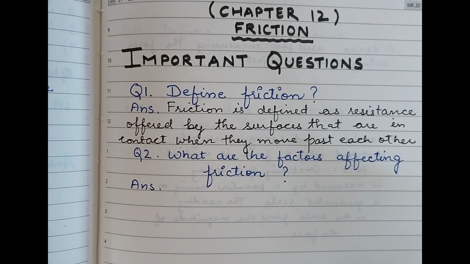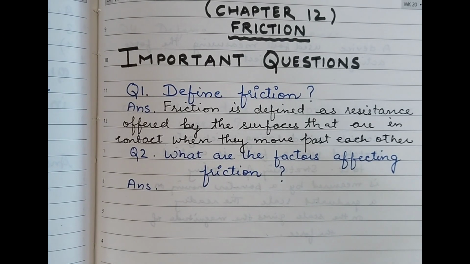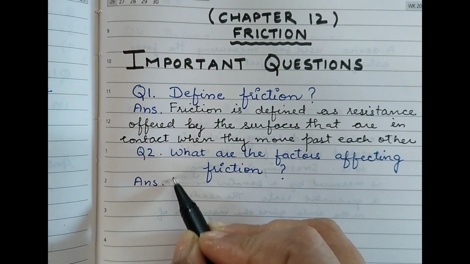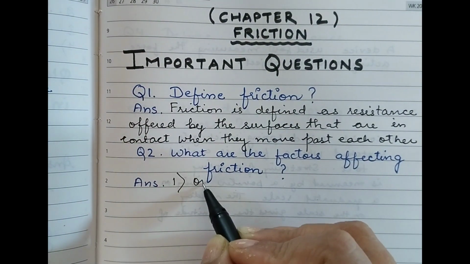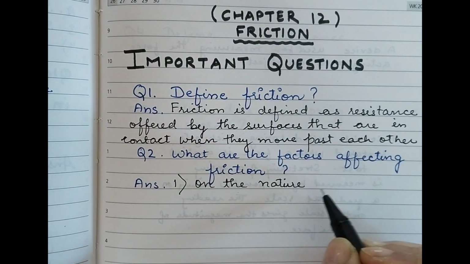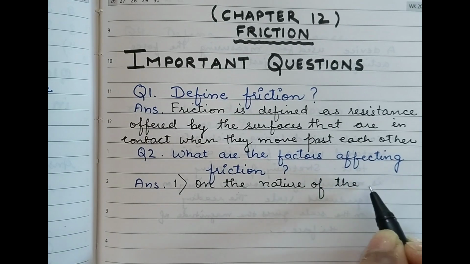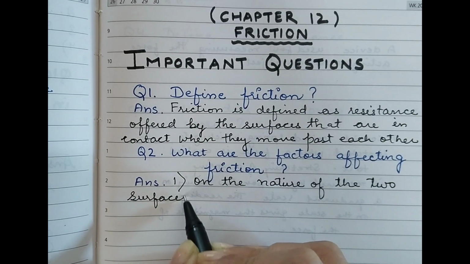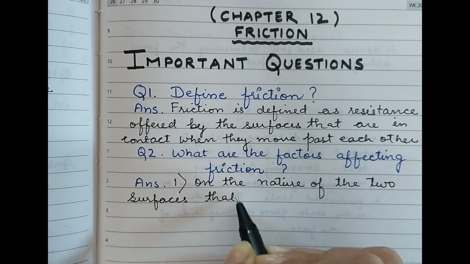Now next is, what are the factors affecting friction? So you have to write down the factors which affect the force of friction. Number 1, it depends on the nature of the two surfaces that are in contact.